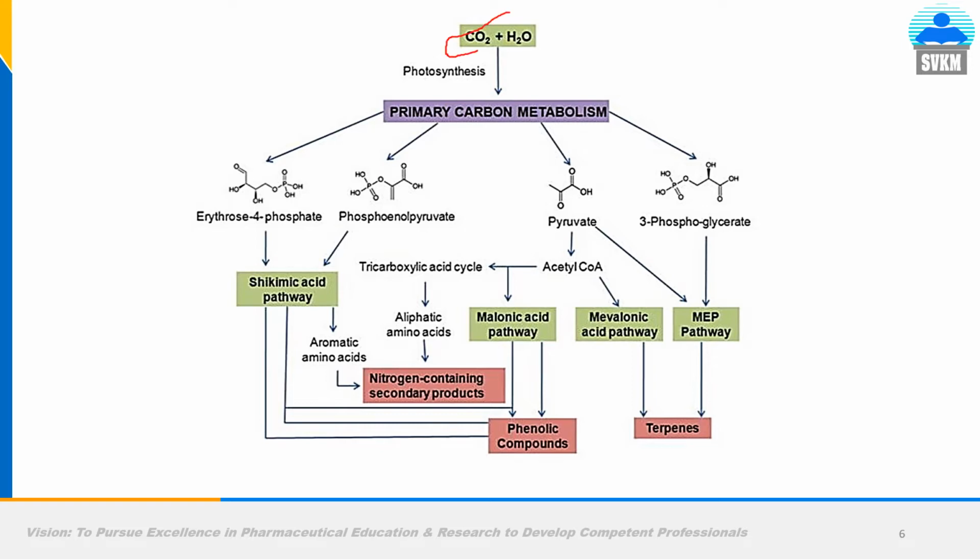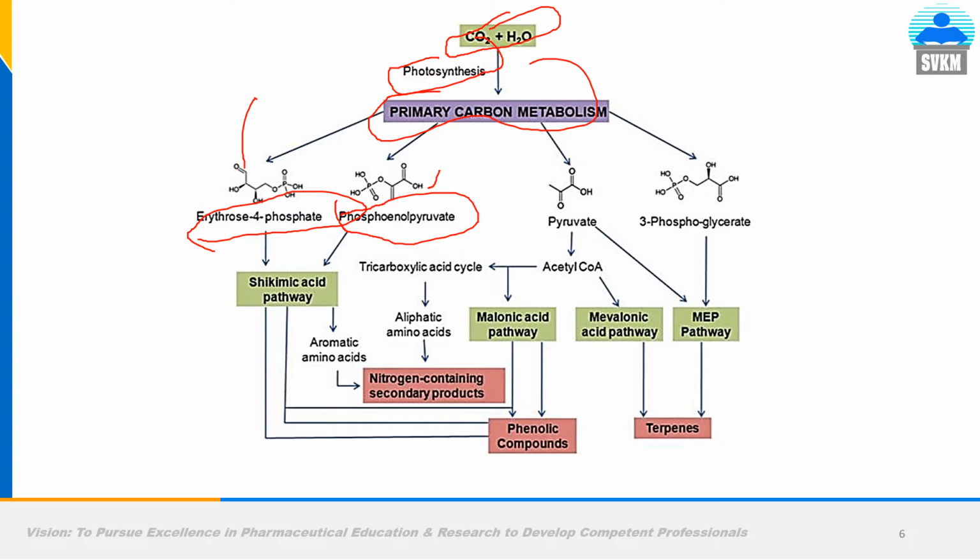So CO2 and H2O will give glucose. This is through photosynthesis, and this is the primary carbon metabolism. This will give you erythrose 4-phosphate from the pentose phosphate pathway. Phosphoenol pyruvate will be obtained from glycolysis. So there are two cycles for the metabolism of glucose in the plant.